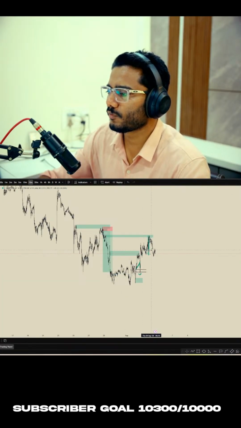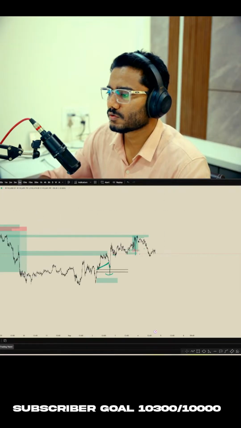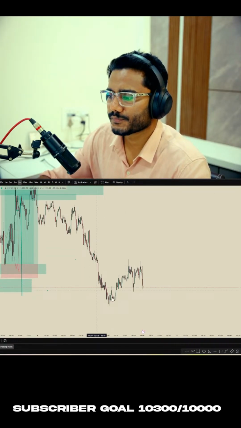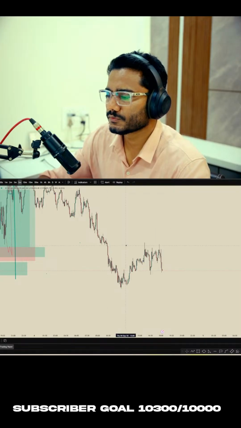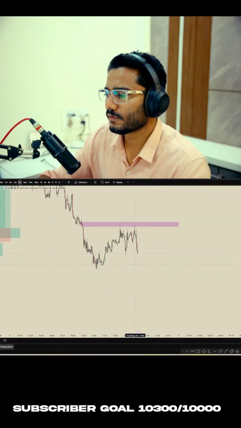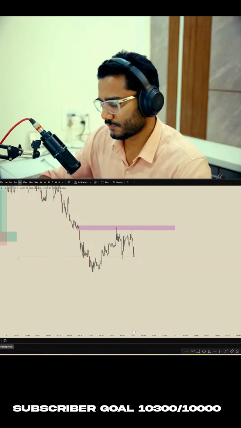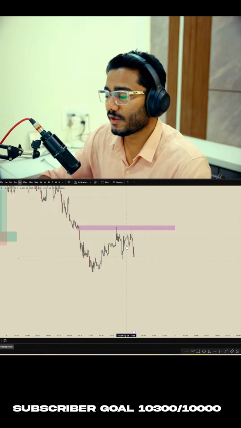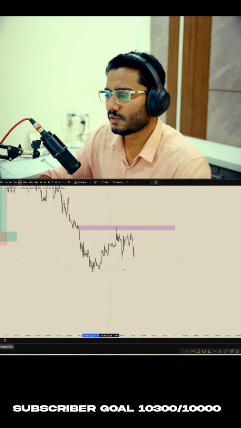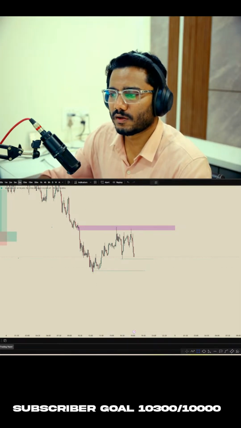It has reacted from this order block. So let's look for a downside trade. This order block has already been tapped. We can look for a continuation trade. So let's wait for price to break this low and this low. If this continues to downside, then we can look for sells.